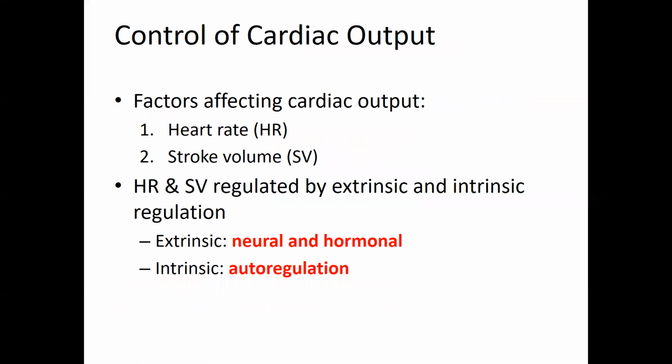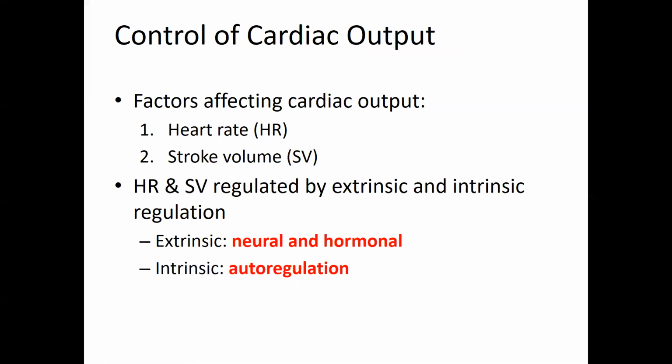Now, the heart can be regulated either intrinsically or extrinsically, right? Now, when we say extrinsic regulation, these are external factors such as nerves and hormones that can affect the heart rate and the stroke volume. These are extrinsic factors, factors that are not within the heart itself.